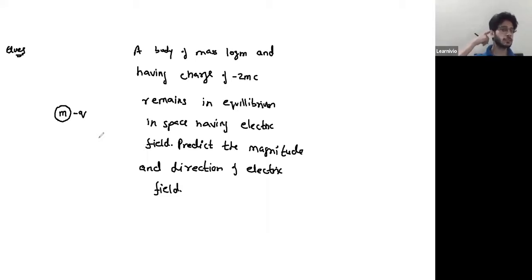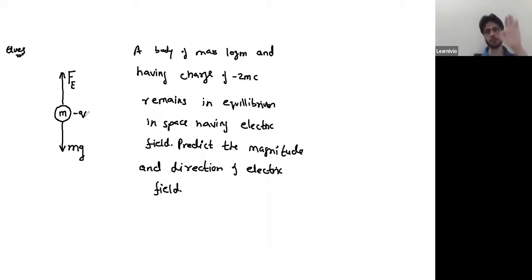So this is mass m. This mass m will experience a force due to its weight, and this weight will try to move this mass m in the downwards direction. To balance this weight, you need a force in the upwards direction, an electric force in upwards direction. This electric force is applied by electric field. Now the charge is negative. This negative charge will experience force in a direction which is opposite to that of field.